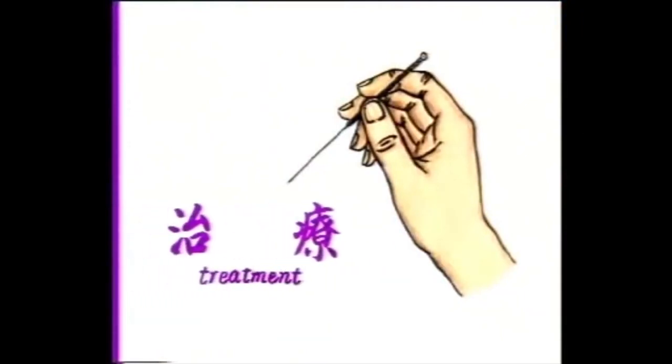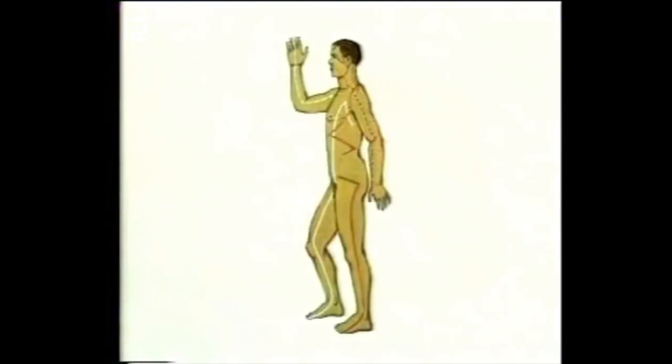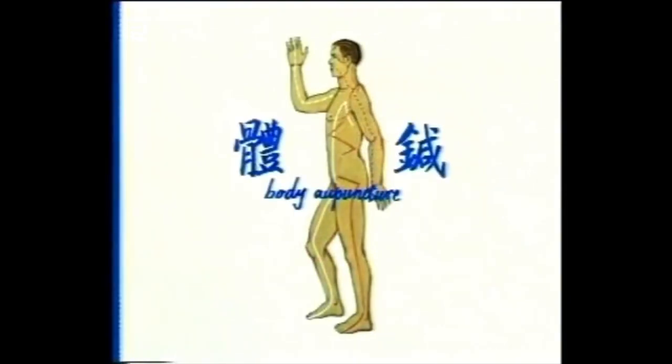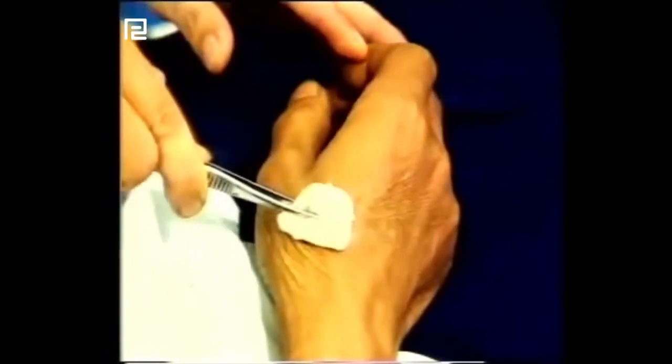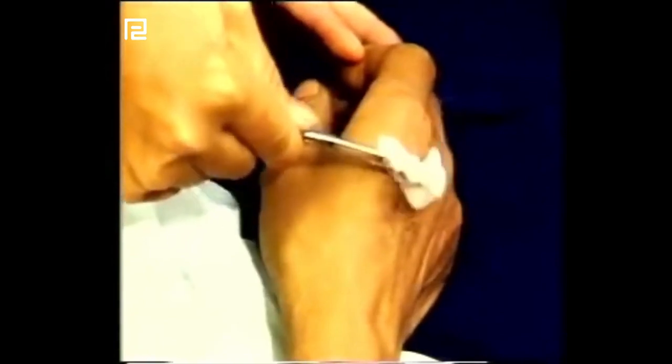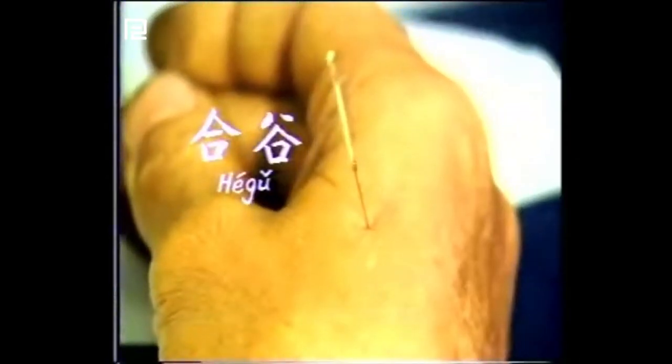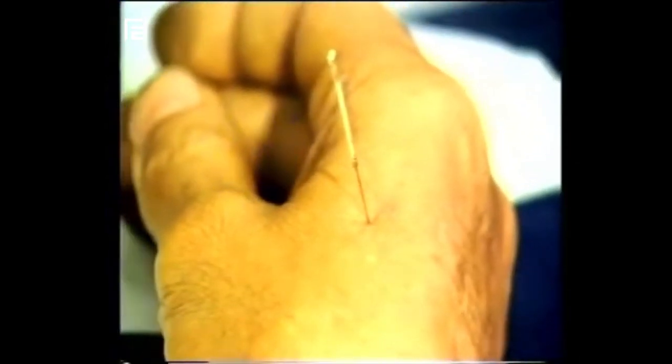Treatment. Body acupuncture. Hegu, the source point of large intestine meridian, is used as the main point to promote the qi circulation of yang-ming meridians for any types of toothache.